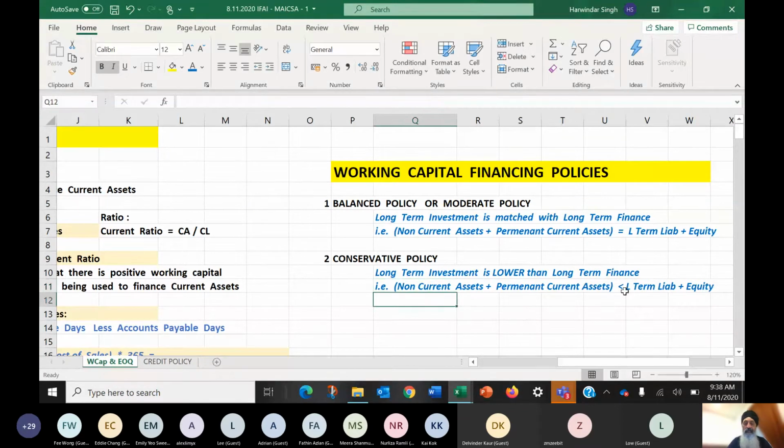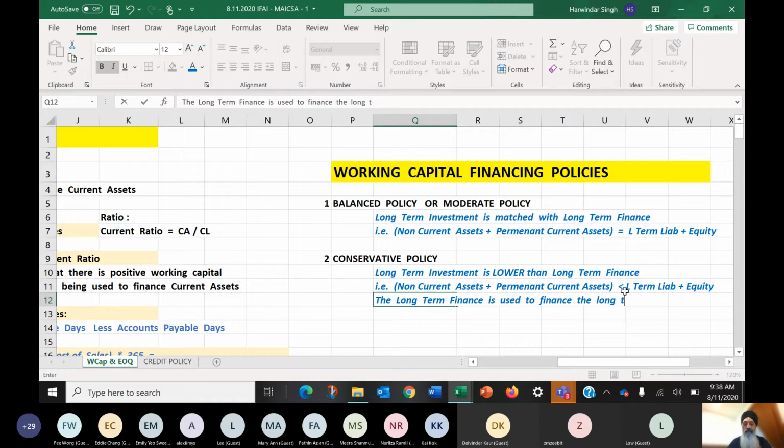So what happens here is the long-term finance is used to finance the long-term investment in the business as well as part of fluctuating current assets.